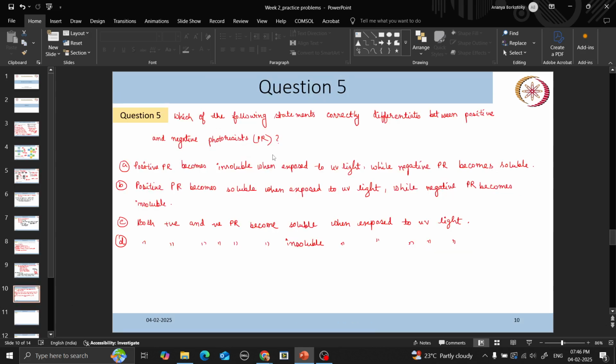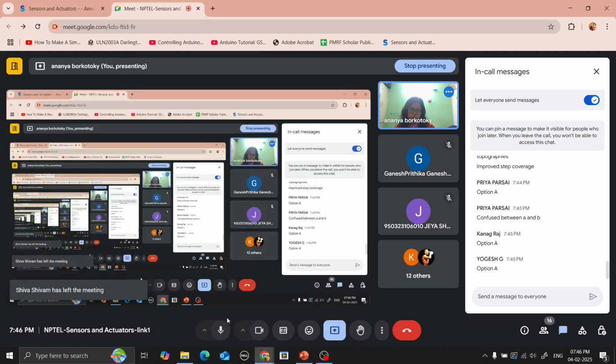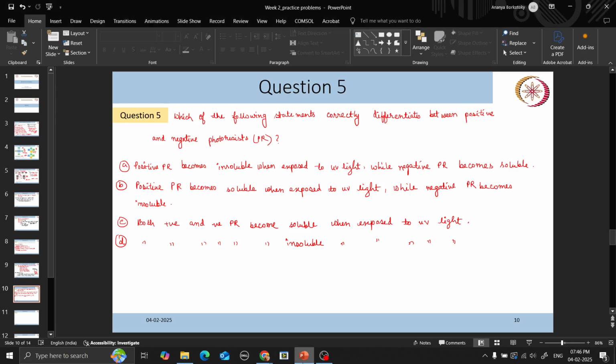So the question was whether positive photoresist becomes soluble or insoluble in UV light, and whether negative photoresist becomes soluble or insoluble when exposed to UV light. Some are confused between A and B. The first option says positive photoresist is insoluble, that is option A, and this is soluble.